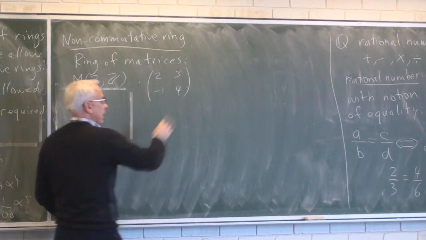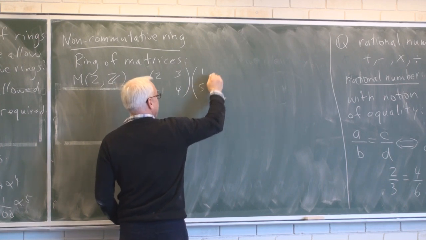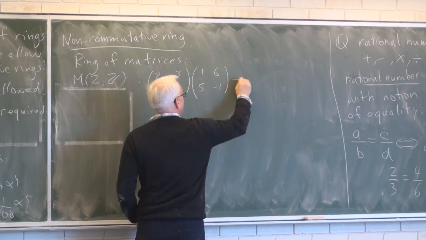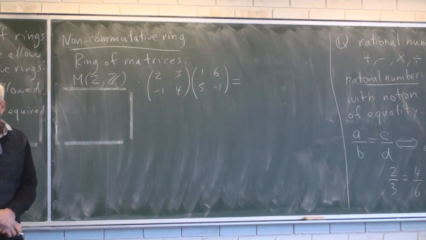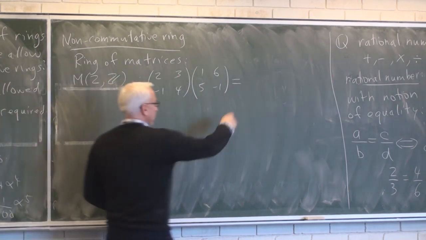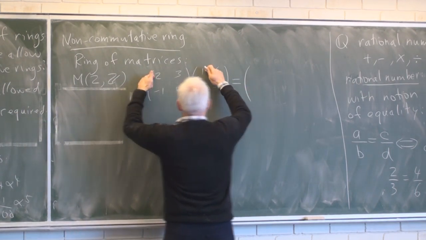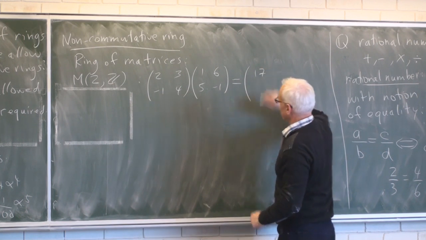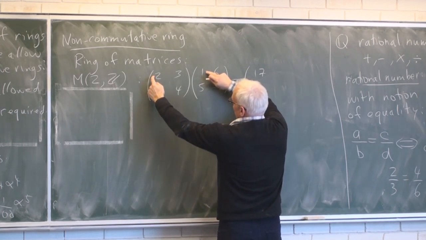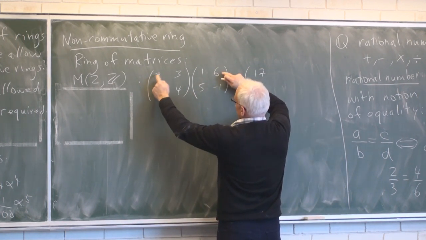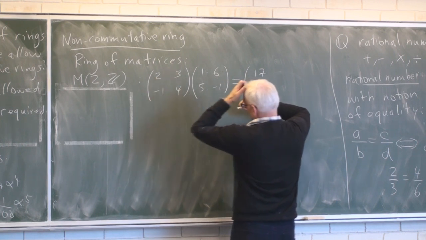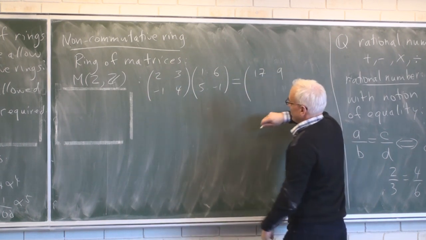And let me remind you how you multiply these two things. Okay, if we want to multiply two matrices like this, the way we do it is 2 times 1 plus 5 times 3 is 17. 2 times 6 plus 3 times minus 1 is 12, minus 3, that's 9.